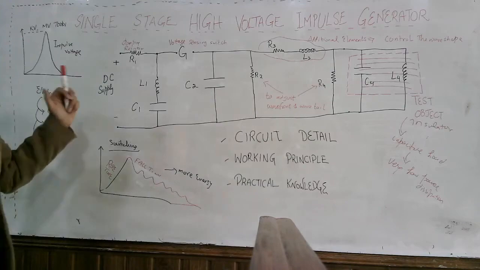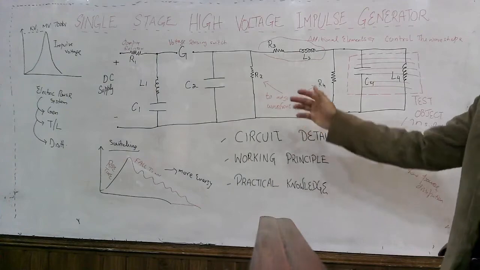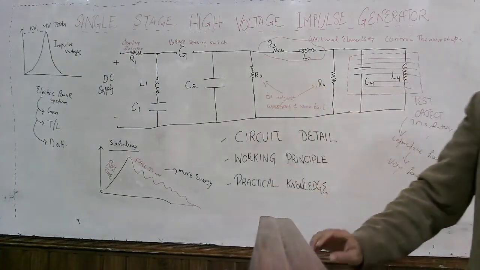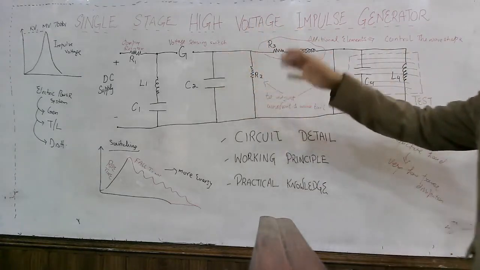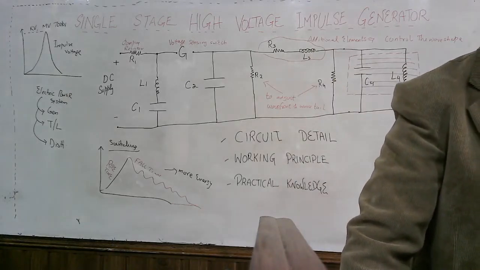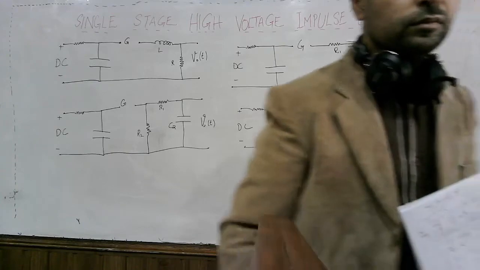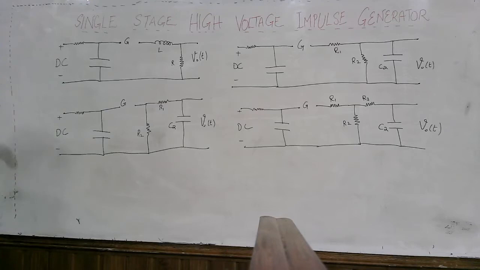We have several other sub-circuits which play a role similar to this single stage impulse generator; in fact, the circuits which I am going to draw now are derived from this main circuit. Let's see them. Here are the modified versions of the single stage impulse generators, and they are typically sufficient for your lab work or for your practical demonstration.